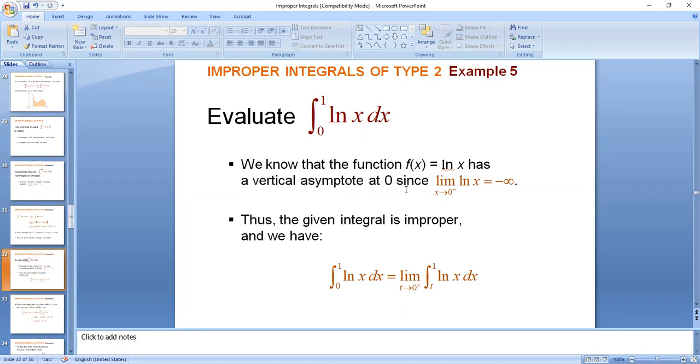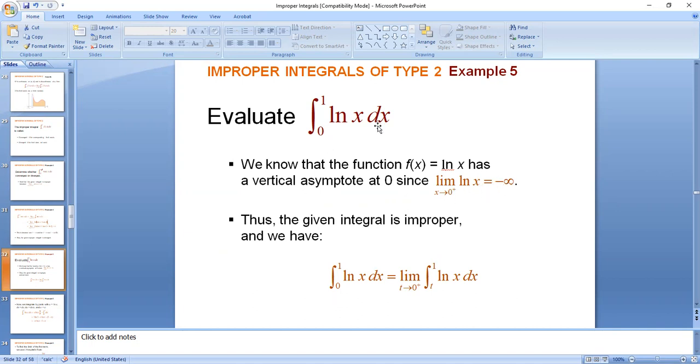So we know that the function ln of x has a vertical asymptote at 0, since ln of x is equal to negative infinity as x is approaching 0 from the right. What does this mean, class?